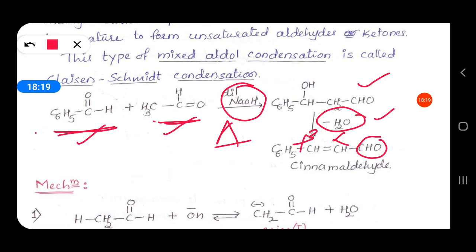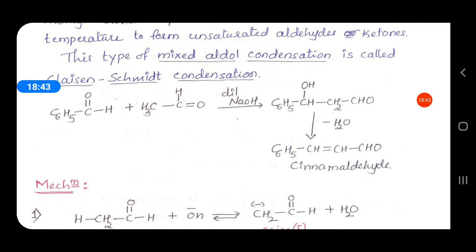In between alpha and beta, unsaturation, that is double bond, is present. So these are called alpha beta unsaturated aldehydes. Or if ketones are taken, then alpha beta unsaturated ketones are produced. In this reaction, the example is cinnamaldehyde, which is having unsaturation at alpha and beta carbons.